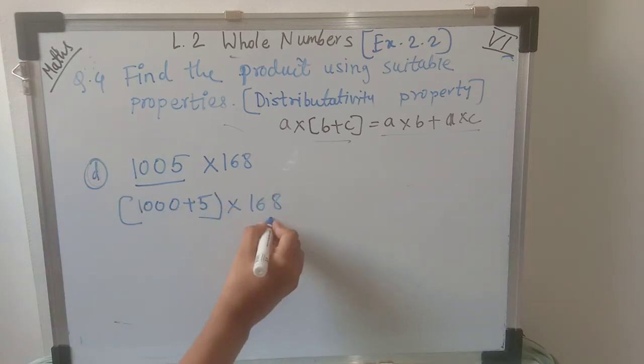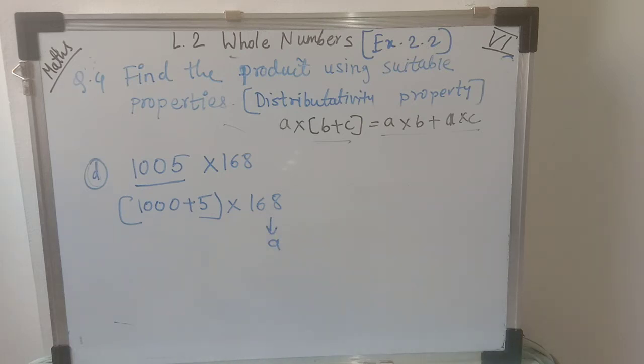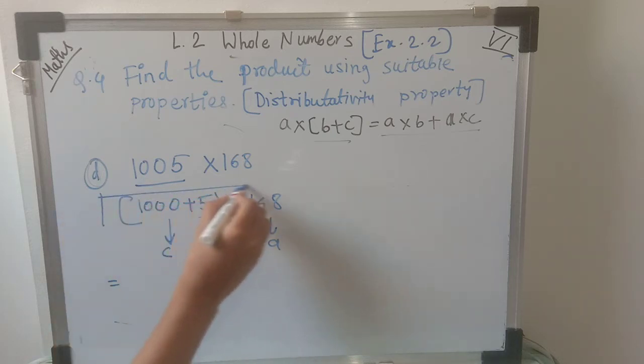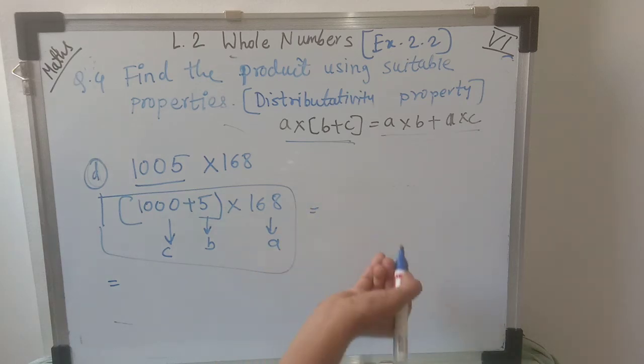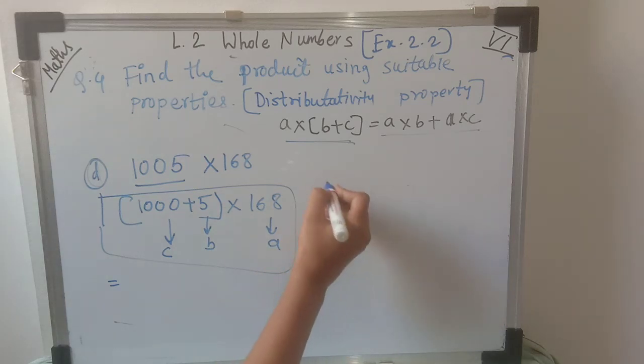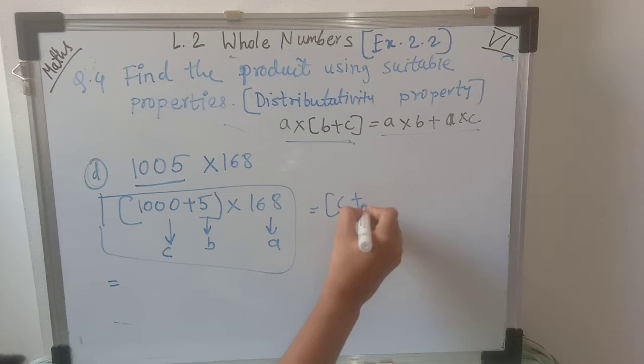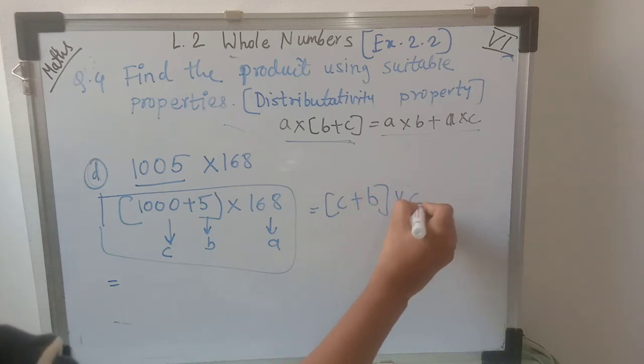So here we'll consider A as 168, B will be 5 and C will be 1000. Okay, same way we have to go. So we got this format in this way, means अगर हम ले लेते हैं तो ऐसा हो जाता है वो C plus B multiply by A.